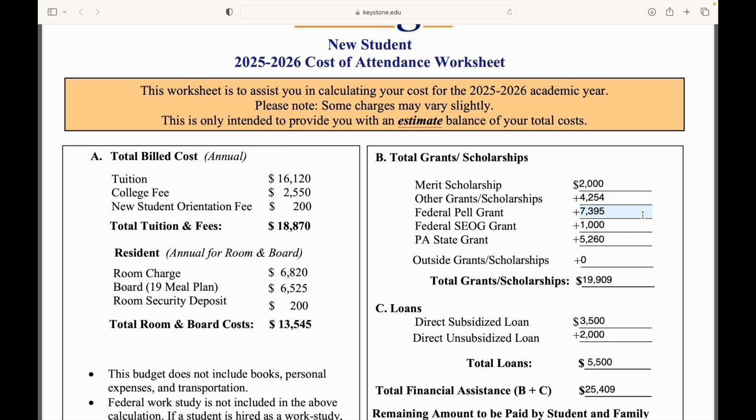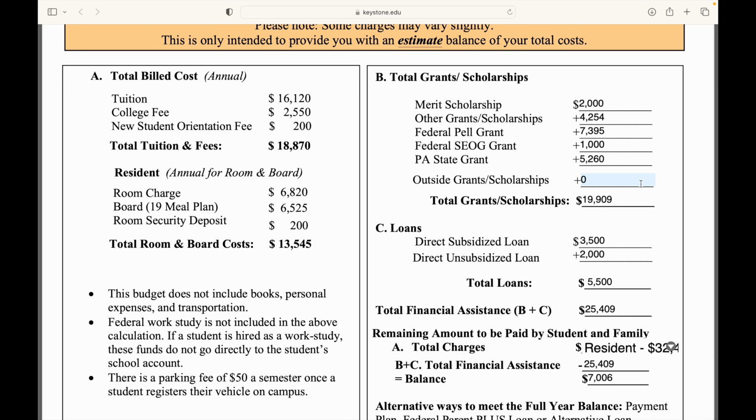This student received a federal Pell Grant of $7,395 for the year, a federal SEOG grant of $1,000 for the year, and a Pennsylvania state grant of $5,260 for the year. When we add all of these numbers up, it brings us to $19,909.